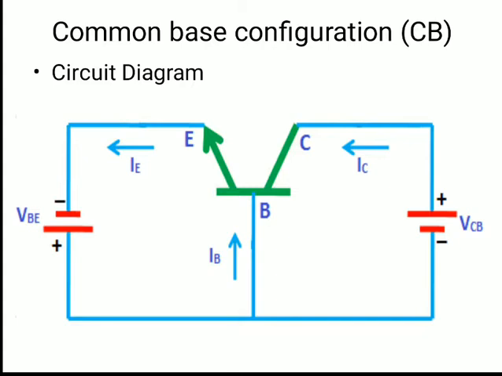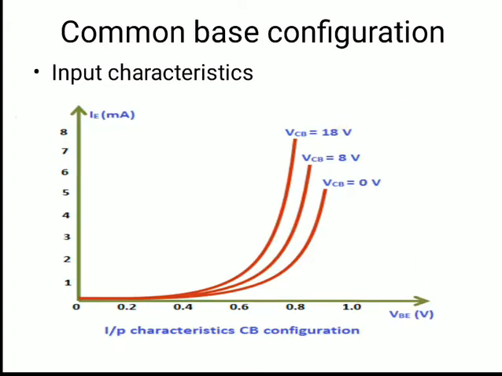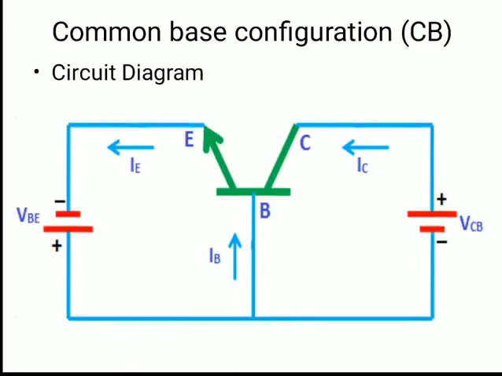So here we have to understand how the characteristic is drawn for the input characteristic. What we will do, this is the input side. Okay, this is the input voltage and this is the input current, right? And this is the output voltage and this is the output current. So what we will do, first we will keep VCB at a constant voltage.